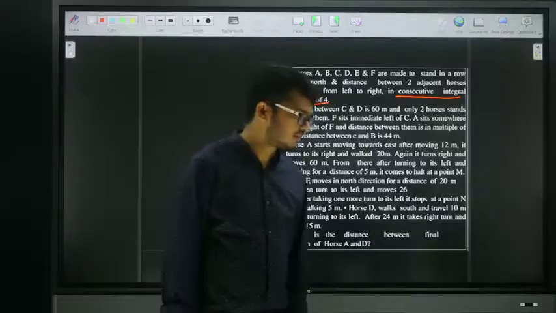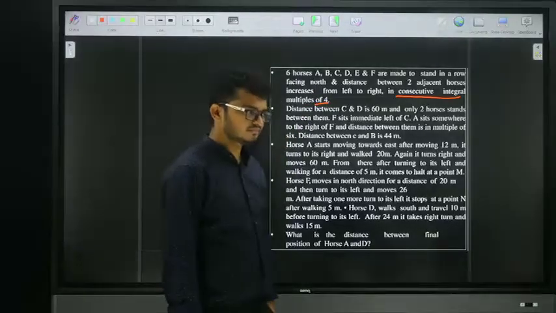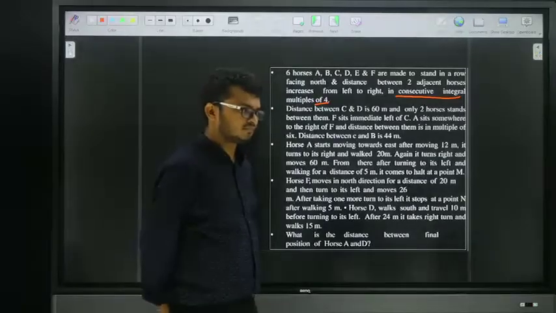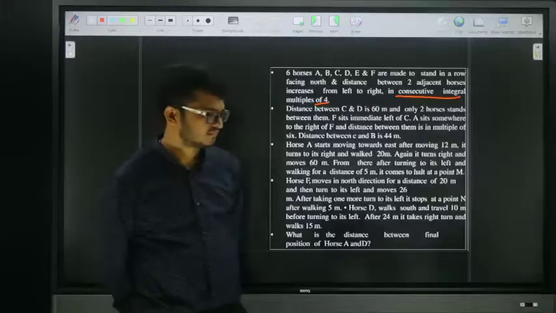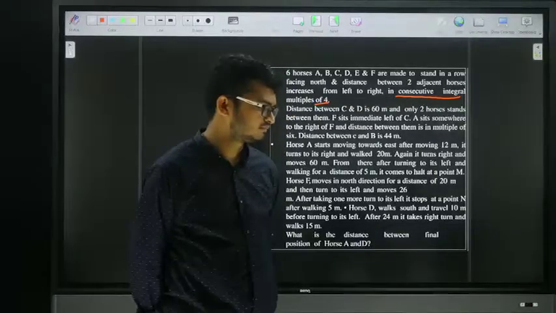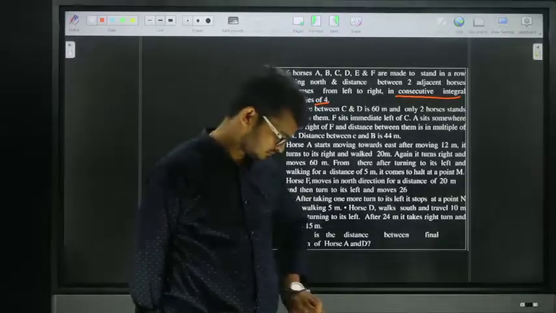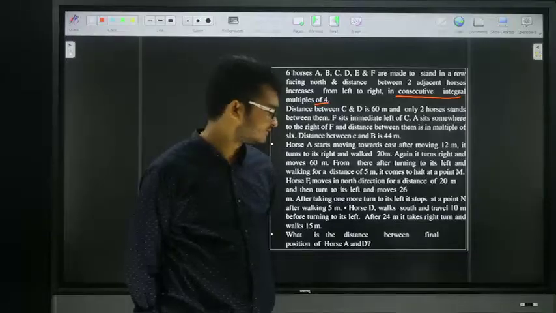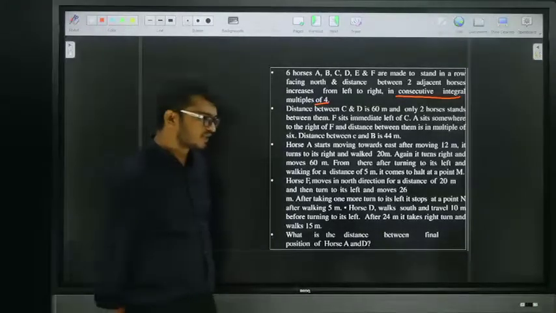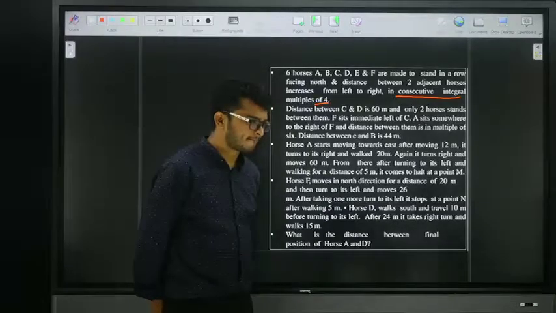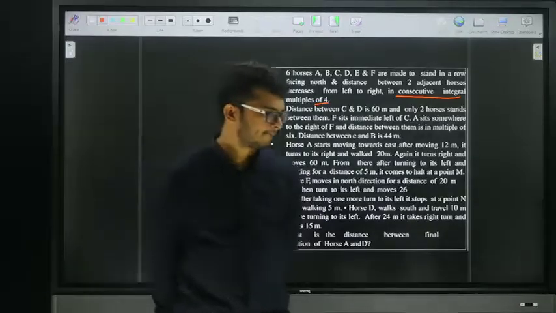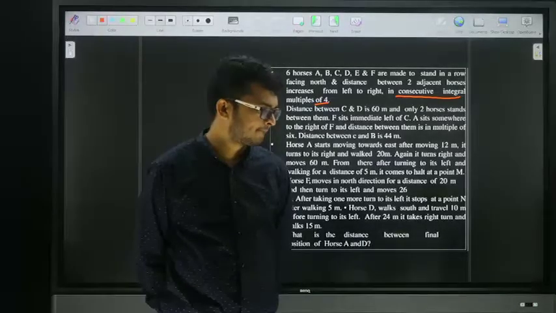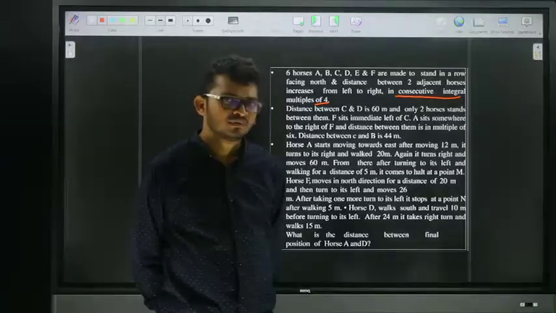Whether you are solving or not? Friends, what is the answer?